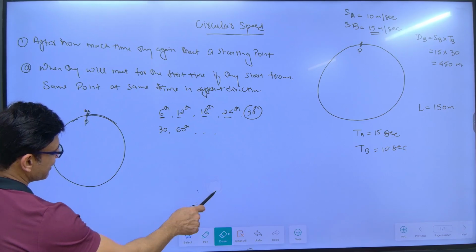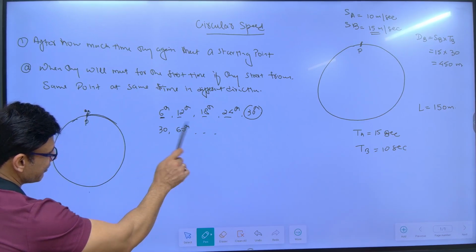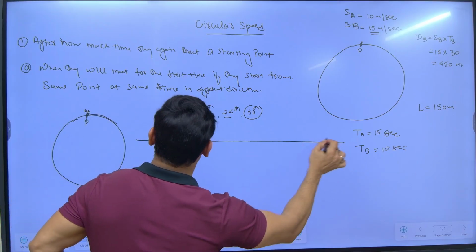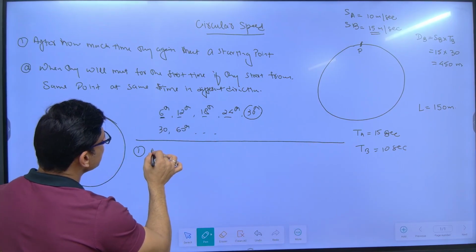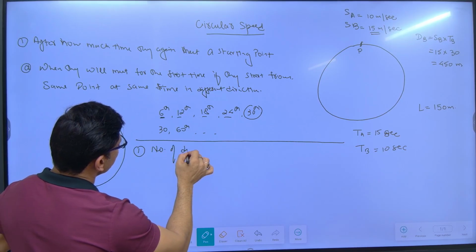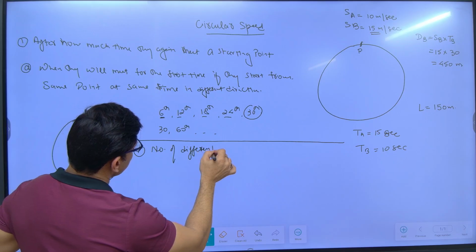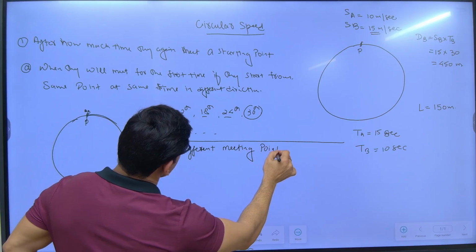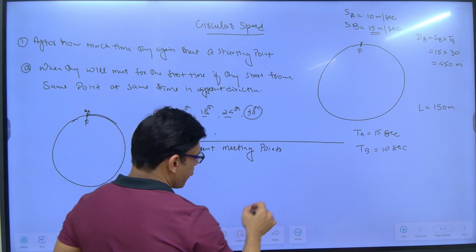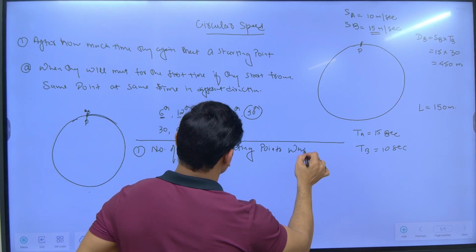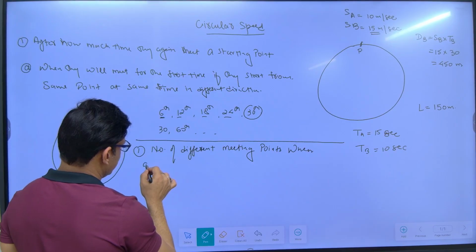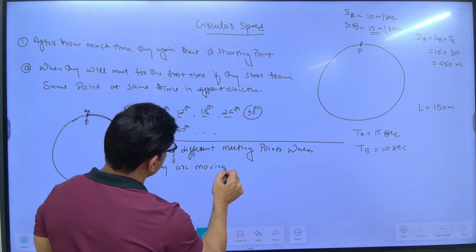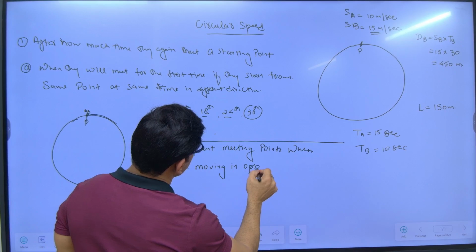Now I will tell you something. I'm writing it. I'm not taking this off because I have to explain one concept here. First is the number of different meeting points when they are moving in the same direction.